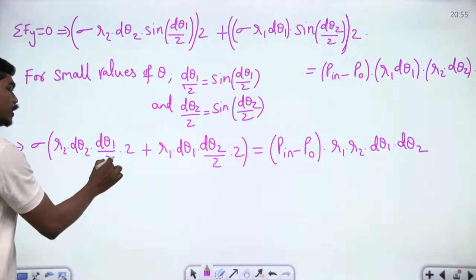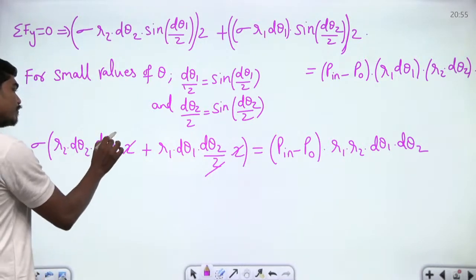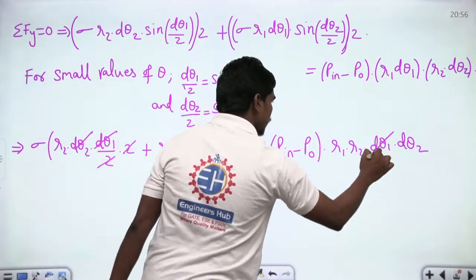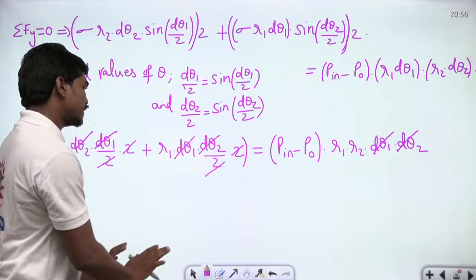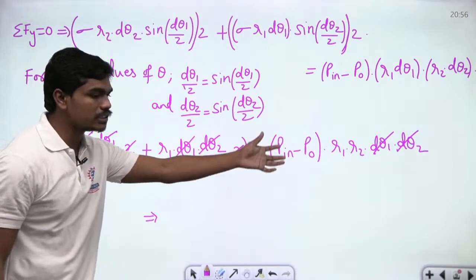So one thing is very clear, you can cancel these 2's, and then we have d theta 1 into d theta 2 common in all the terms. So let us cancel d theta 1 into d theta 2. From this, what did you observe? We are getting one equation for the pressure difference inside and outside the liquid.